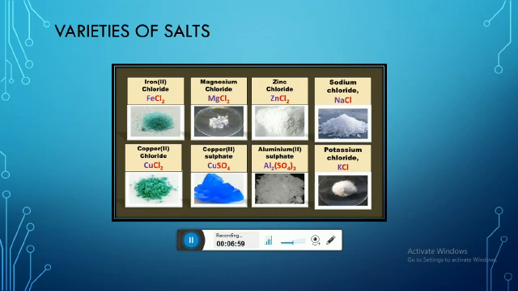Sodium chloride, sodium is from the metal and chlorine is from the acid. These are the examples in which chloride is used, which is from HCl.